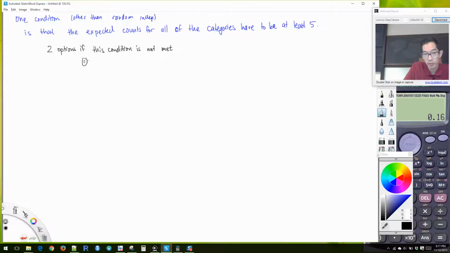One, Fisher's exact test, which is non-parametric. Or combine categories so that all categories are at least 5.